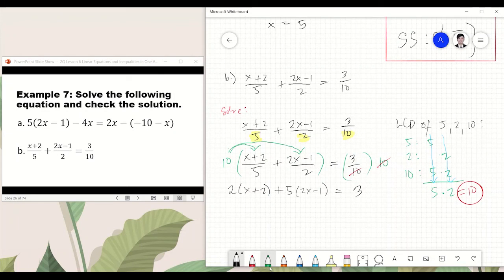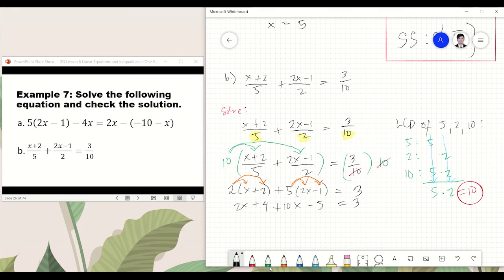So, yung susunod na gagawin na lang, simplify yung left side. So, distribute the 2 to x and 2. 2 times x is 2x. 2 times 2 is 4. Ito naman, 5 times 2x, 10x. 5 times negative 1, negative 5.